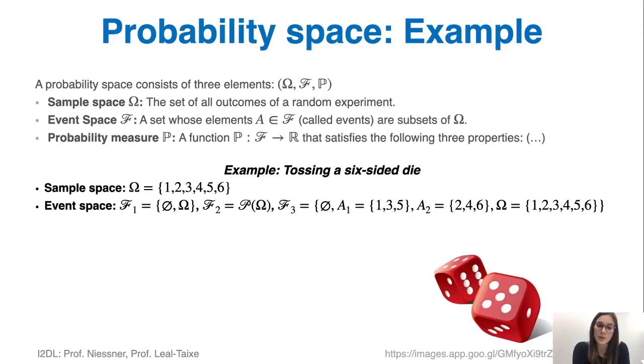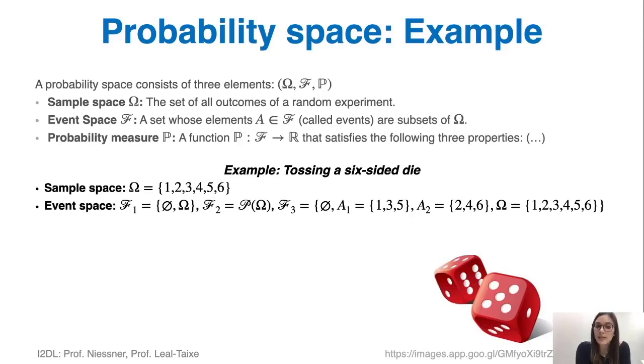The first one that we are looking at is our F1 here. It's the smallest possible. It contains the empty set and the whole omega. This is the most simple one. Another one which is also pretty simple is our F2, which is denoted as P of omega, and this is just the set of all possible subsets of omega. So this is the biggest one that we can have.